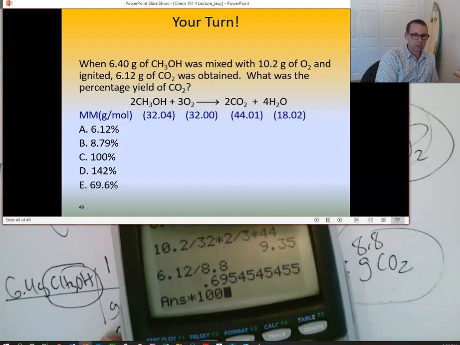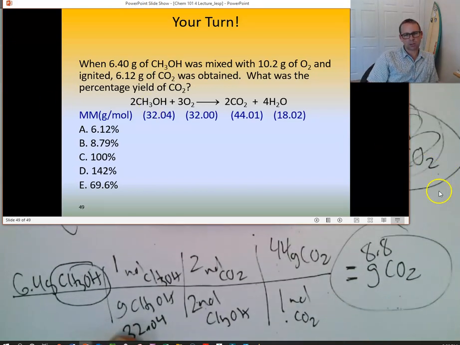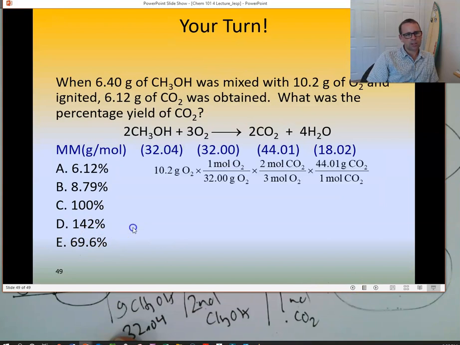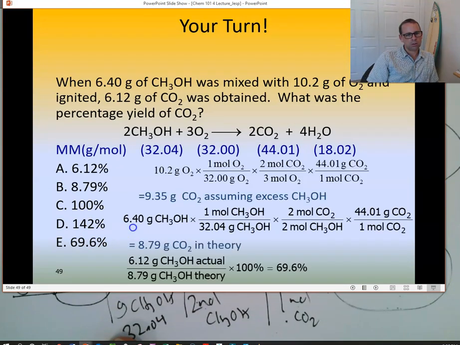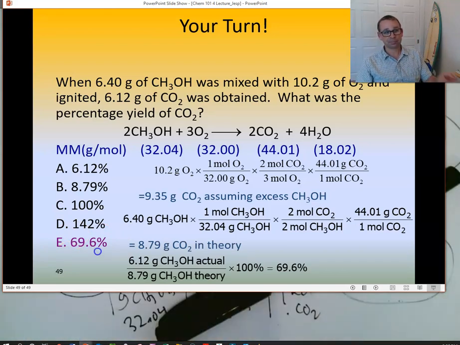Times 100, 69.5%, 69.6%. Okay, very good. So that's how we get our percent yield. All right, very good job. Thank you so much for hanging in there for the last little bit.